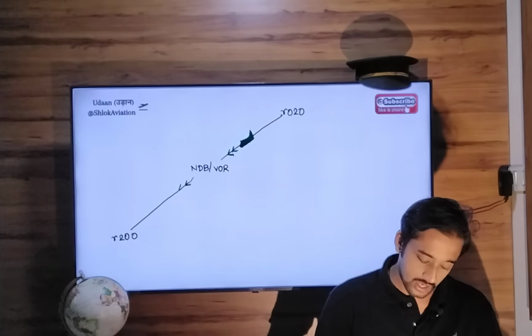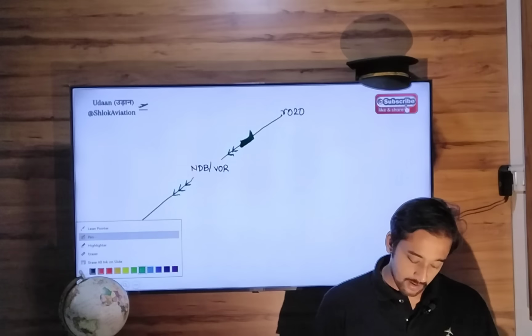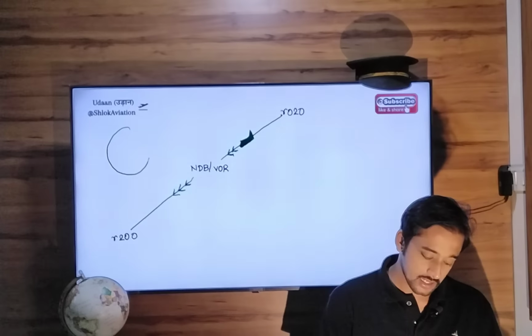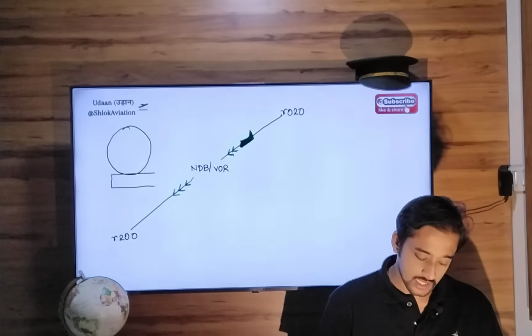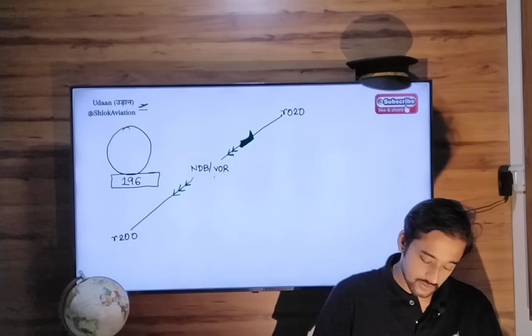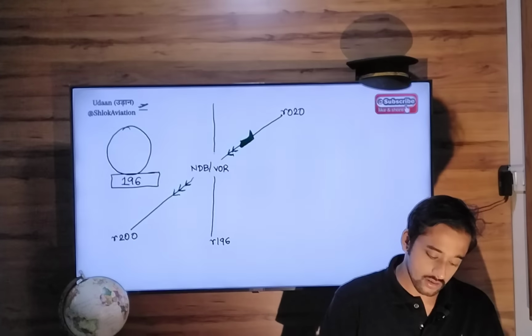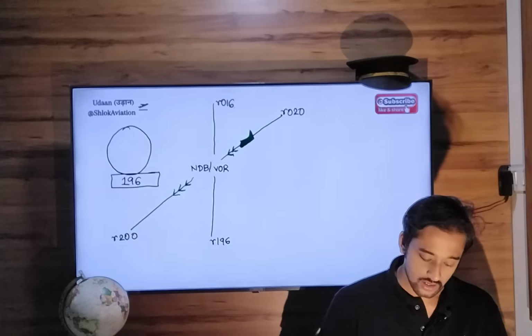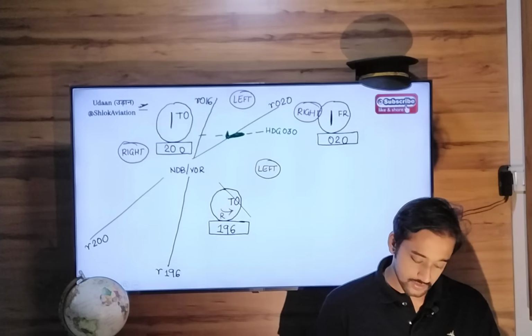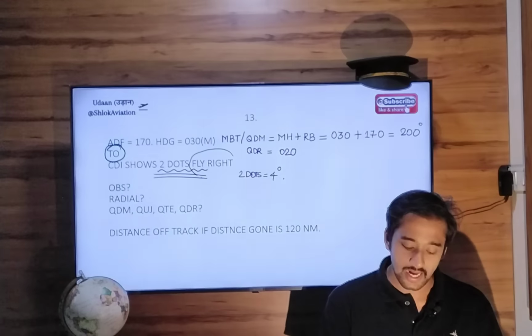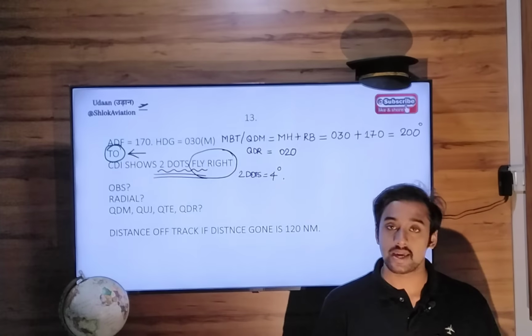But the setting that the pilot has put in his OBS is 196. How do I get that 196? I will tell you. And this is 016. So you have got two dots fly right indication with a TO indication.